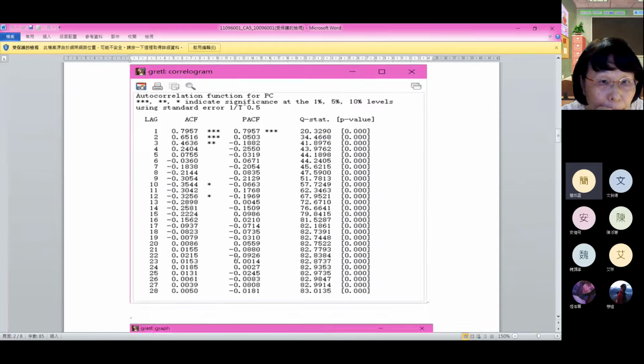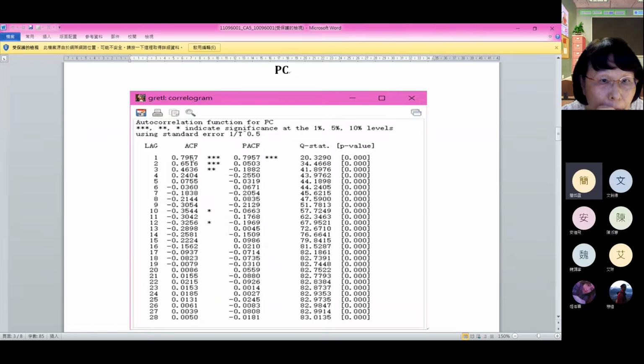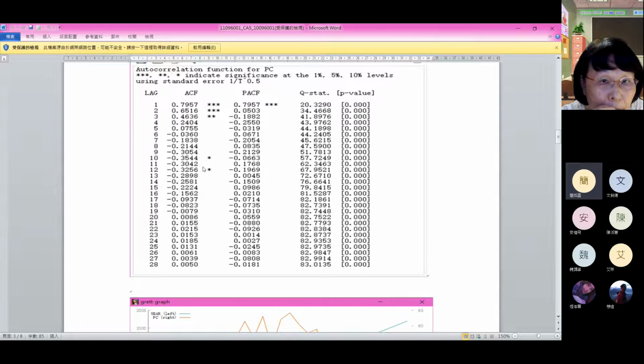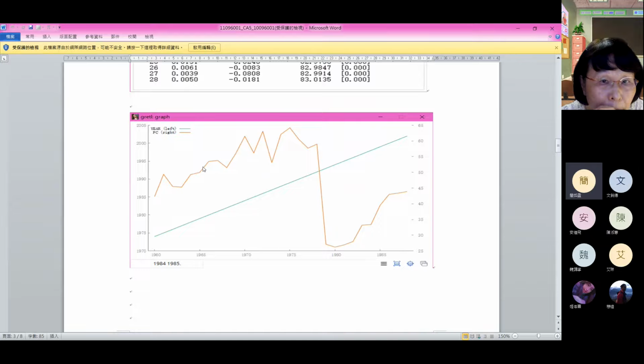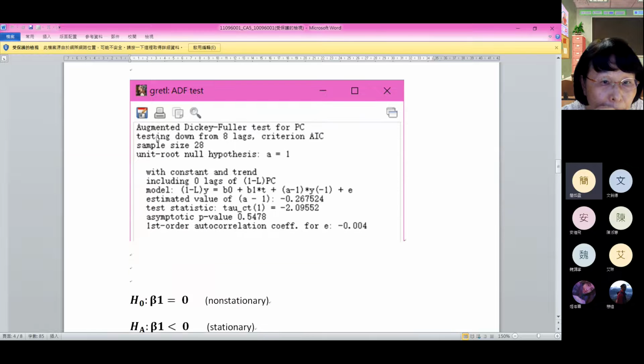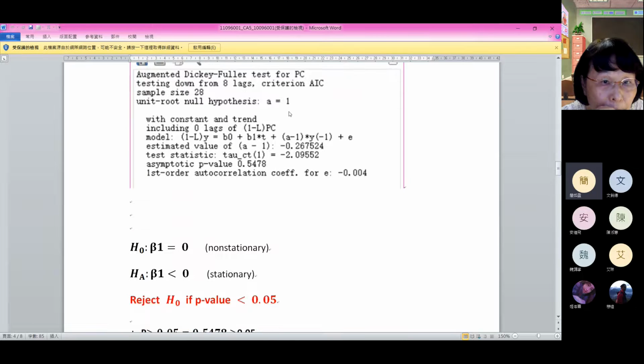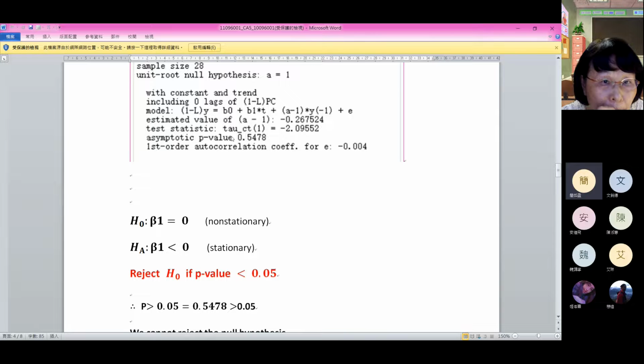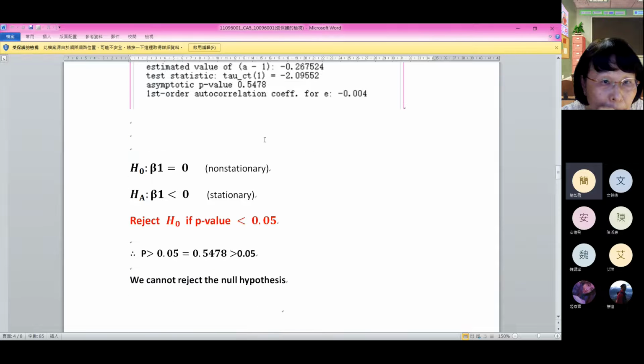For PC, we also see the autocorrelation is 0.7, which is close to 1, so it is non-stationary. The plot also shows us that the PC variable is non-stationary. I did the Dickey-Fuller test for PC, and the p-value is 0.5478.